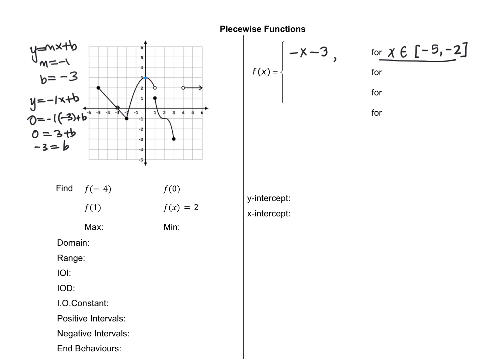I also notice that the a value should be -1. Negative because of the reflection, and 1 because this hasn't been stretched or compressed, and I can tell that from the step pattern. From this vertex, I go left 1, down 1, left 1, down 3. And the original step pattern is 1, 3, 5, which we saw back in grade 10. So I can go straight to my equation.